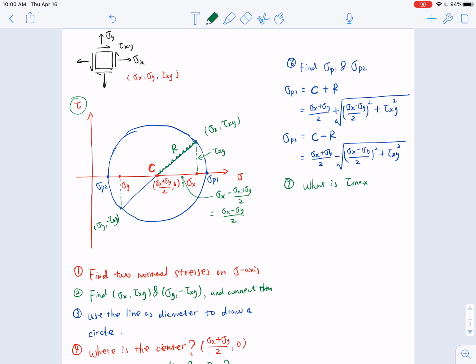So what is the maximum tau value? Obviously it's here. So what is the magnitude of this tau max? Okay, this is tau max.